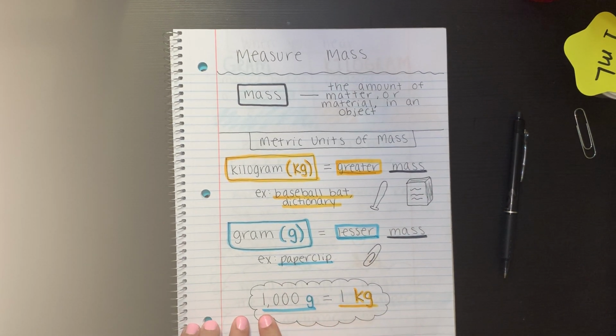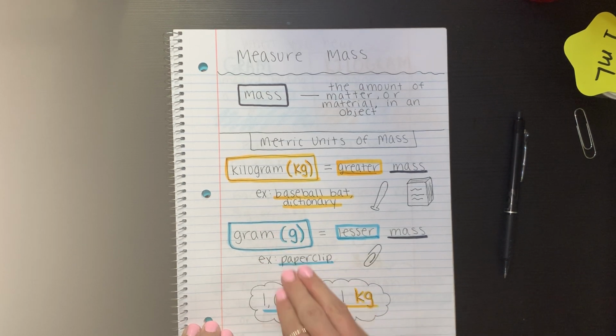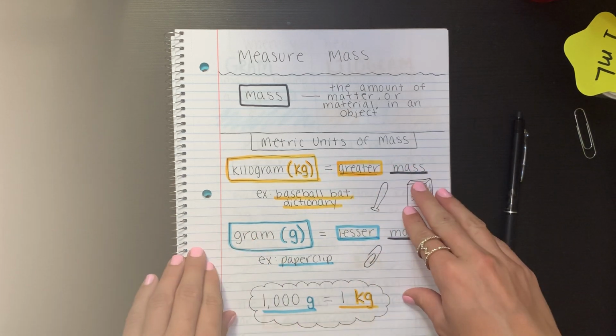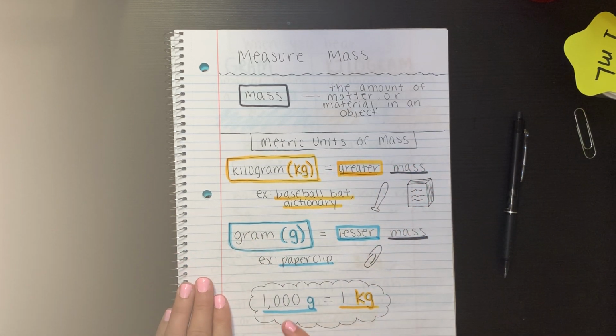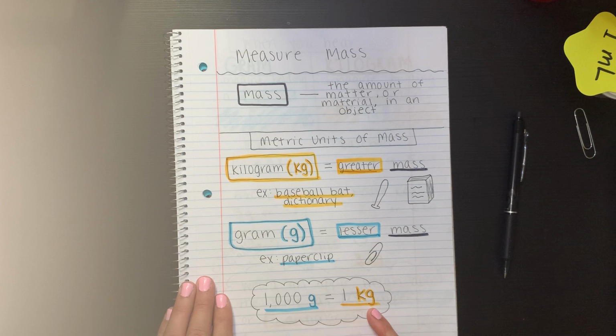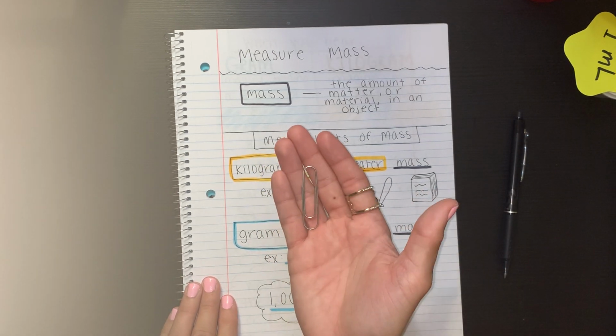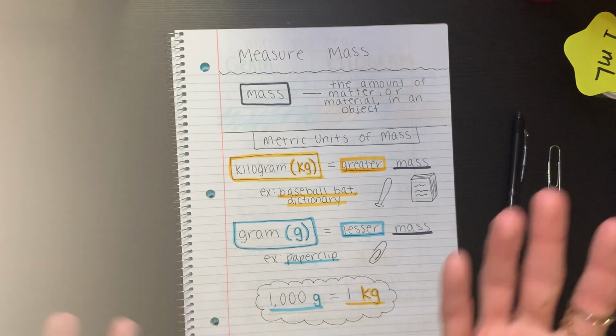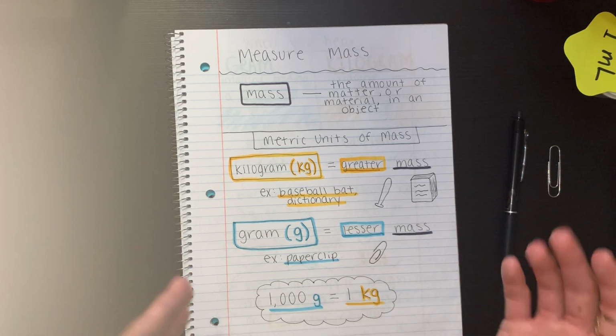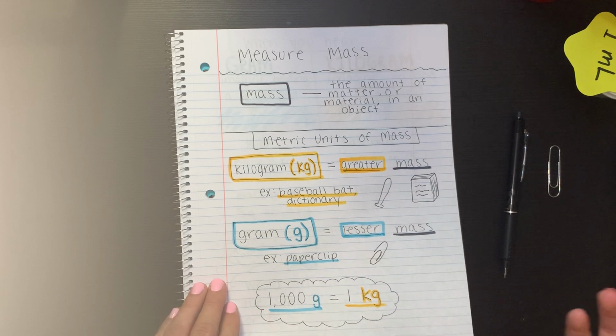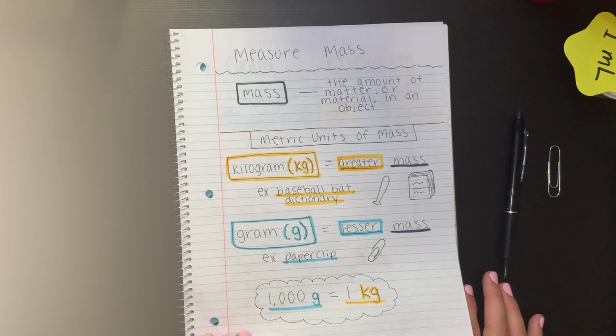So at the bottom here, I have 1,000 grams equals 1 kilogram. I did the same thing with color coding, so hopefully that helps you separate the two. It would take 1,000 grams to get to a kilogram, or 1,000 paper clips to equal the amount of a dictionary or a baseball bat or something else of equal mass. That's pretty crazy.